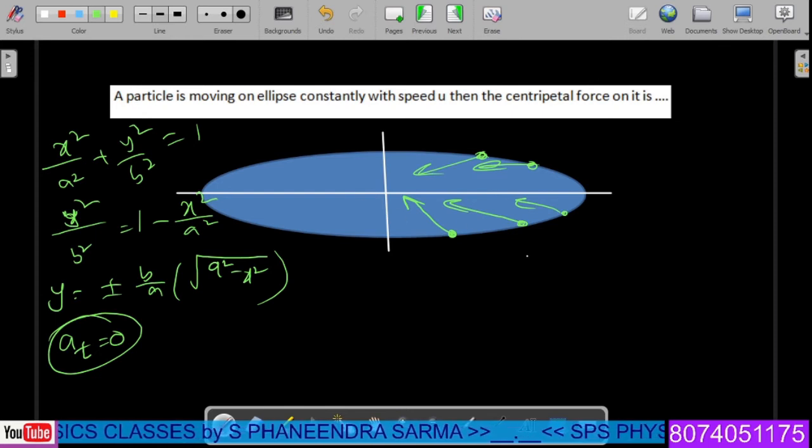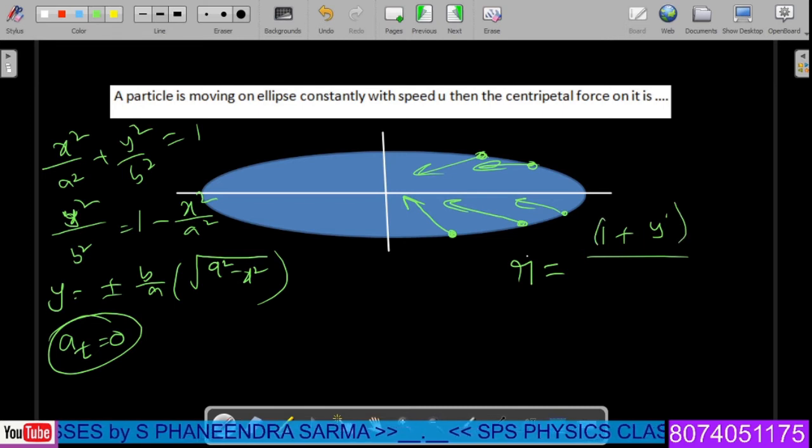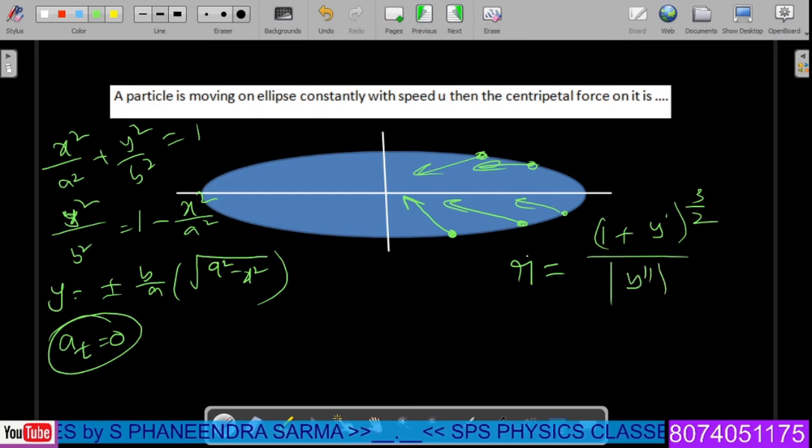Therefore, in this kind of model problem, the radius is given with respect to an equation, that is r is equal to (1 plus y dash square) whole power 3 by 2 by y double dash, where y dash is the first order differential of the equation.